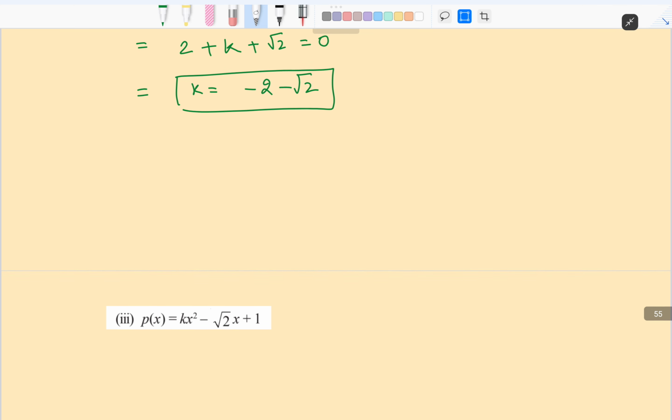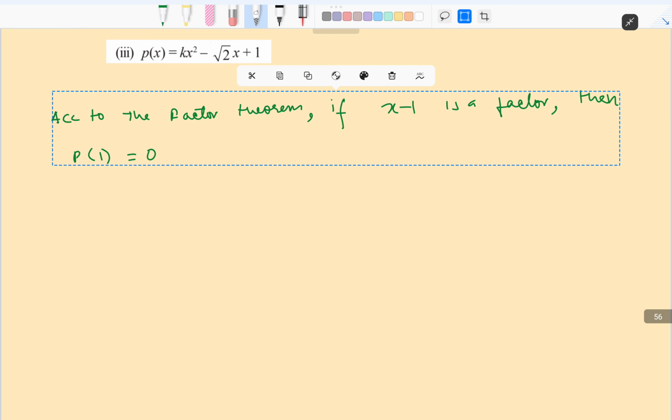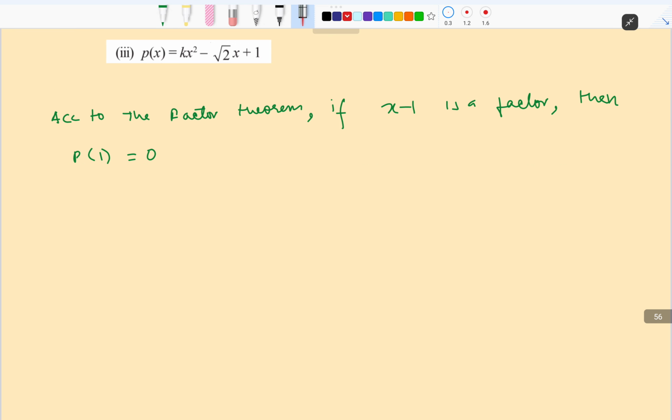Let's look at the next question. Same logic, we have to apply the factor theorem. According to the factor theorem, if x minus 1 is a factor, then p of 1 will be equal to 0. Let's find out p of 1. It is k times 1 square minus root 2 times 1 plus 1.